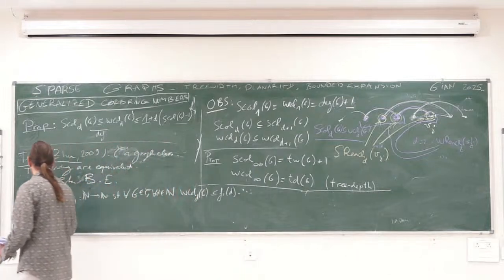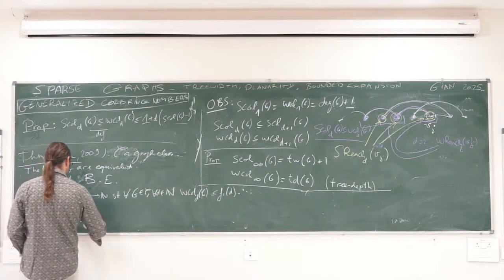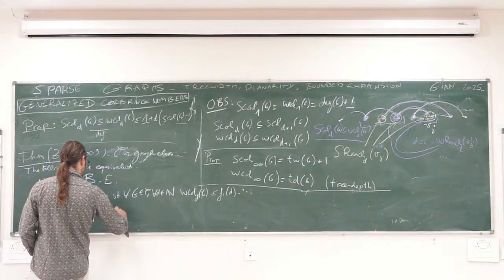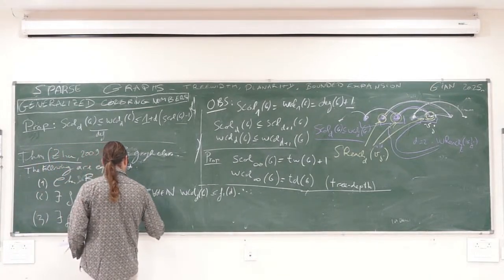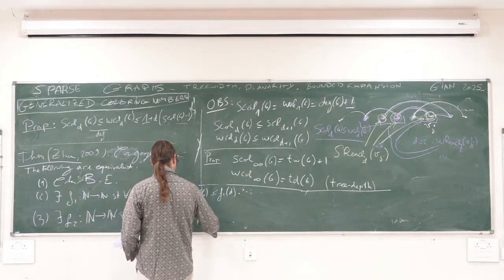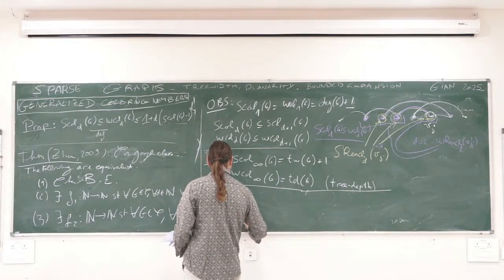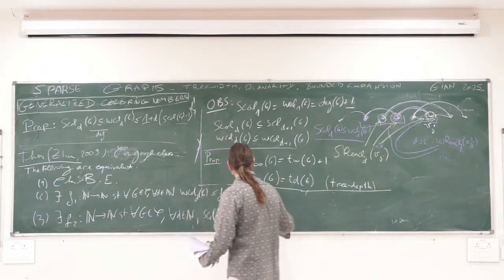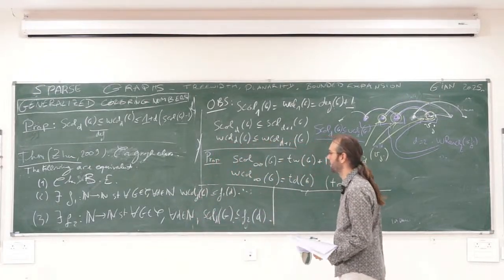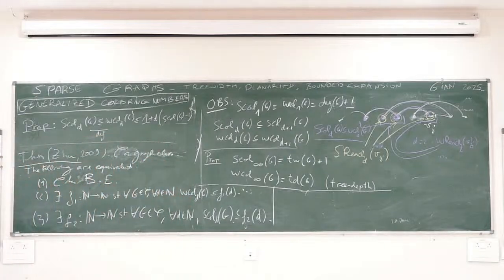And the third is the same with the strong coloring number. That means that using these coloring numbers, we actually get a characterization of graph classes of bounded expansion.